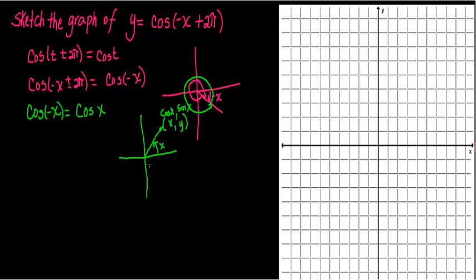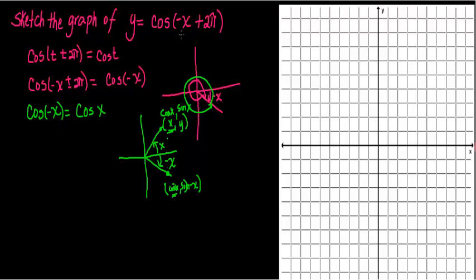So when we have negative x, the cosine for both these points are positive. The value for this x-coordinate is exactly the same value for this x-coordinate, because quadrant 1 and quadrant 4 will have the x-coordinate to be the same value and positive. So using the identities, I've saved up a lot of work.